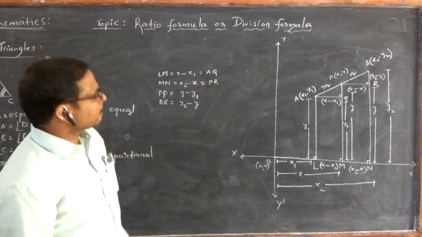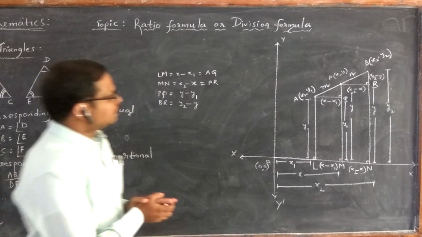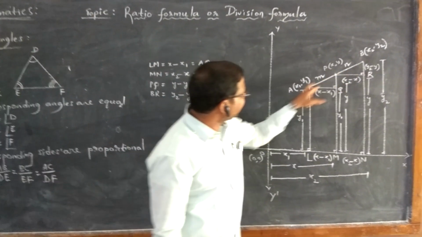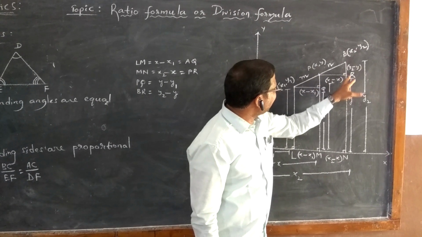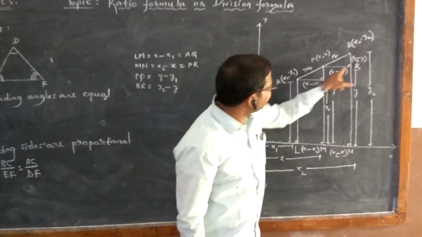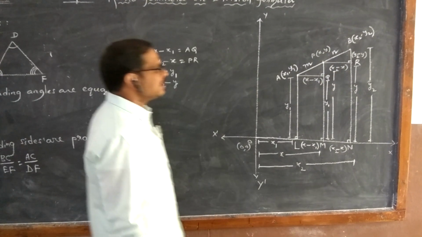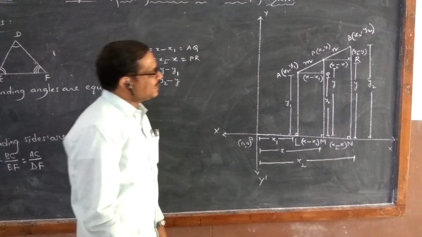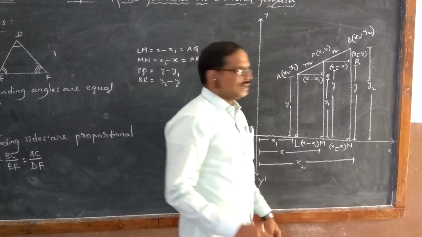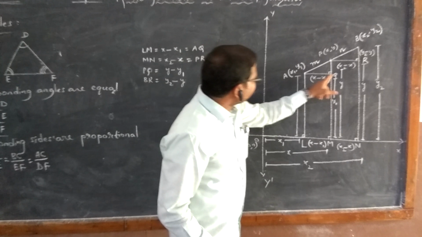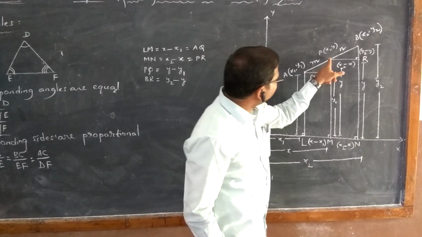Right? Now observe these two triangles AQP and PRB. They are similar triangles by angle similarity criterion. It will be explained later. Just remember now, AQP and PRB.